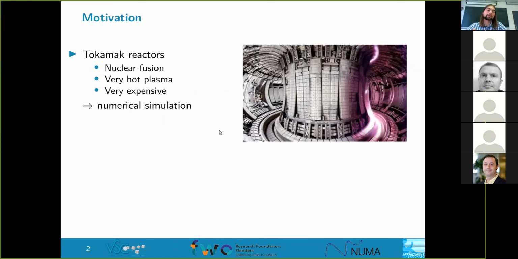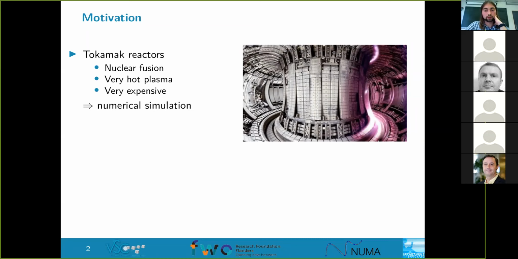So why are we specifically interested in these models? Well, we have some colleagues at the Department of Mechanical Engineering here at KU Leuven who are specifically looking at tokamak nuclear fusion reactors. These reactors have been a big topic over the last couple of years. You see them coming back again and again at conferences. The general idea is that you have a machine or a reactor which looks like this.